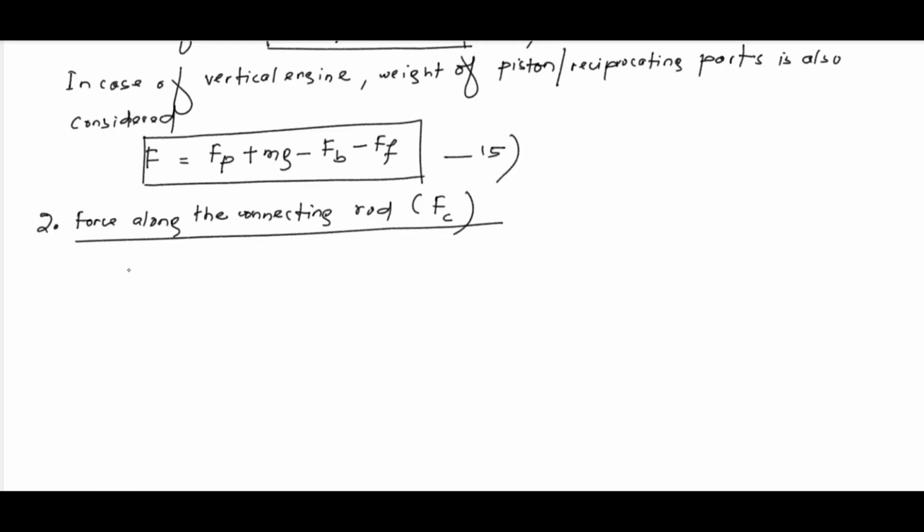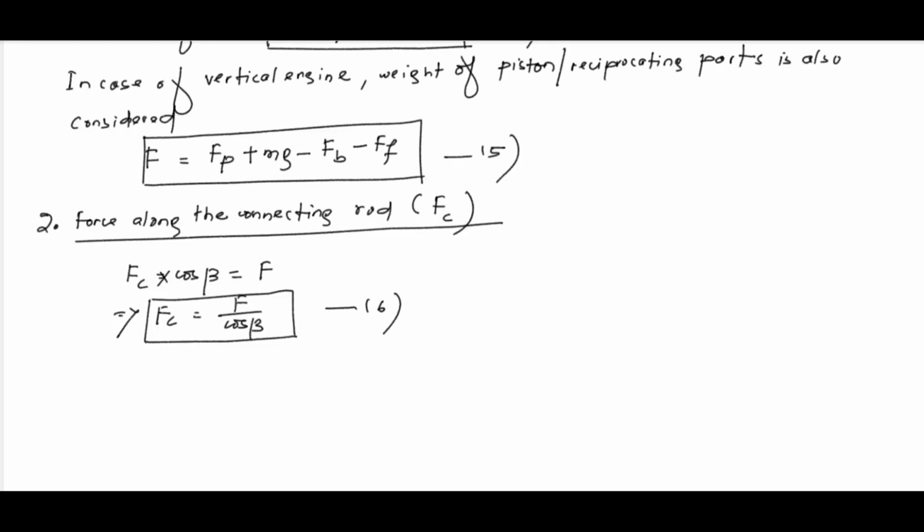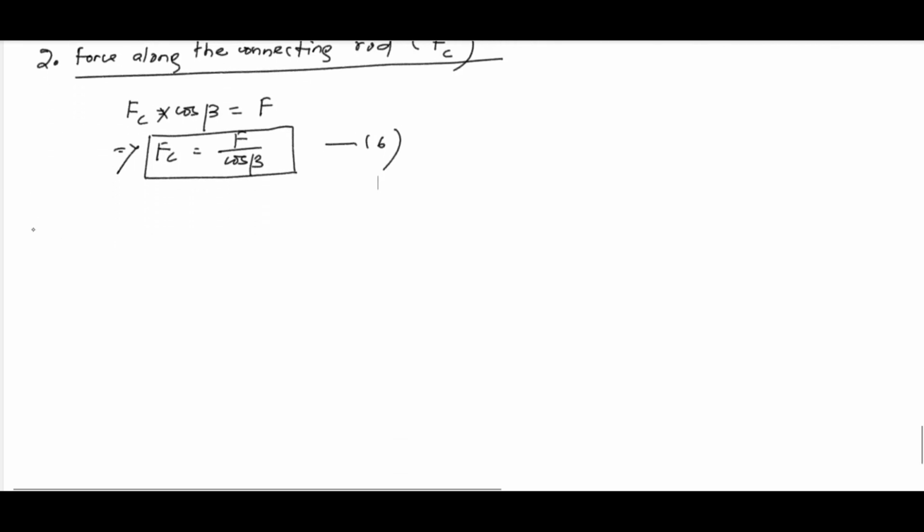If you resolve it from the geometry, you'll see Fc into cos beta will be equal to F. So this Fc will be F by cos beta. This is equation 6.